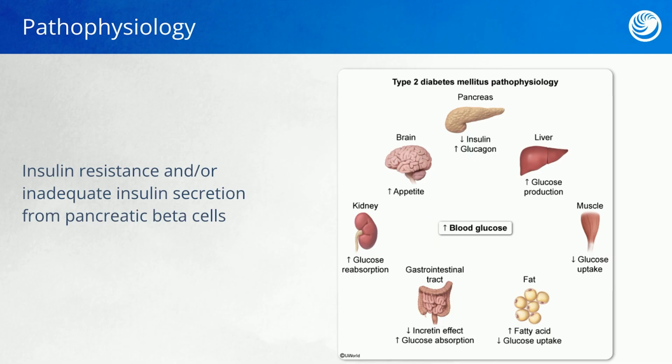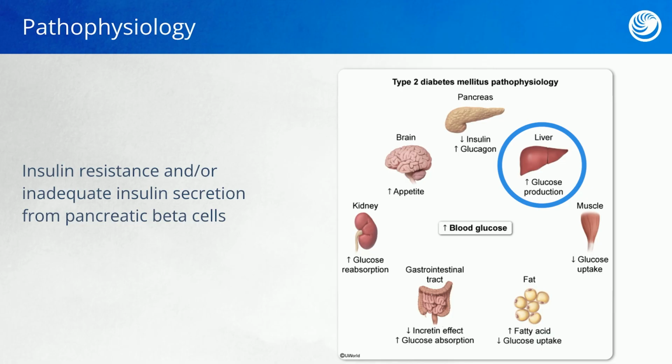Normally, the pancreatic beta cells are able to respond to this hyperglycemic state and release more insulin. The pancreas will continue to do that, but eventually, the beta cells of the pancreas become too tired and can't keep up with it. Another abnormality is the liver.